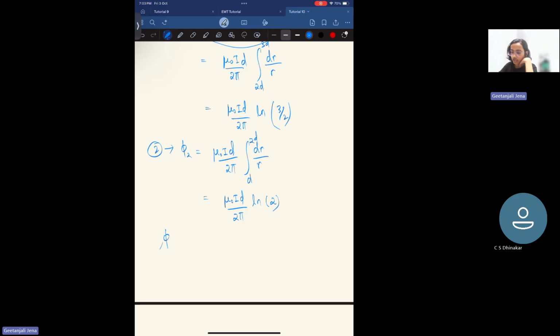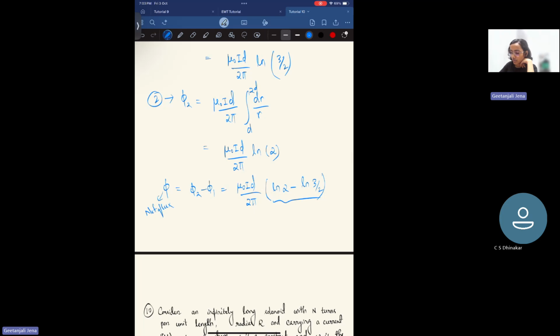So net flux is phi 2 minus phi 1, which is mu naught I d by 2 pi, ln 2 minus ln 3 by 2. This is ln A minus ln B, so this will give ln A by B, so ln 4 by 3.